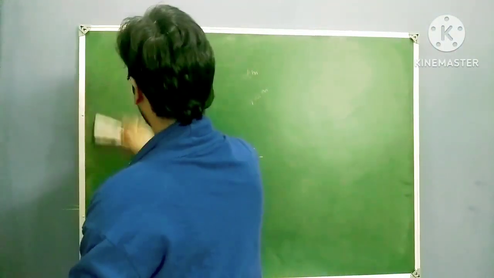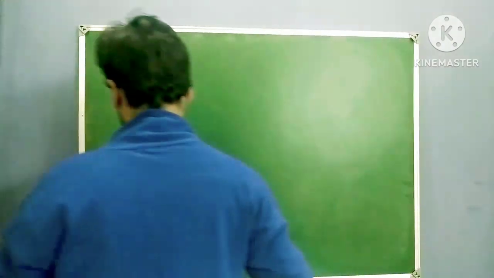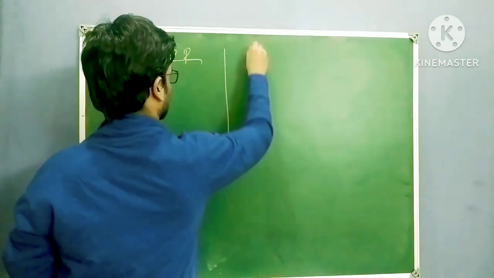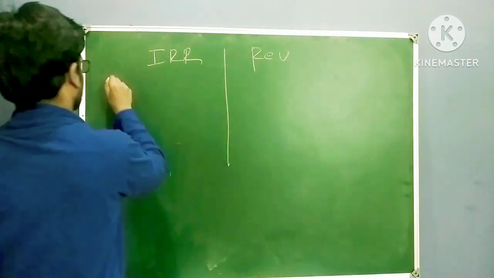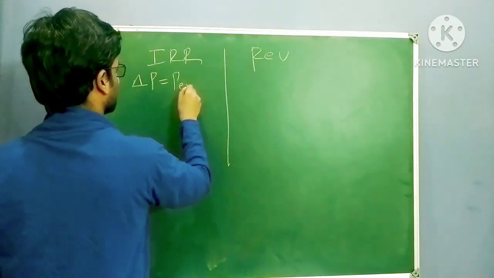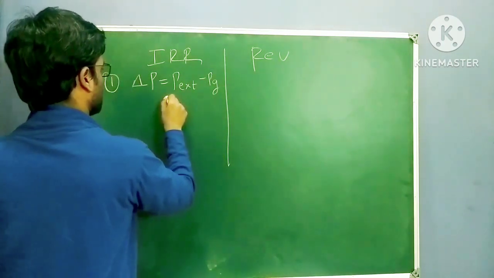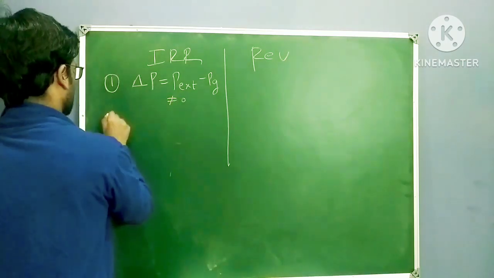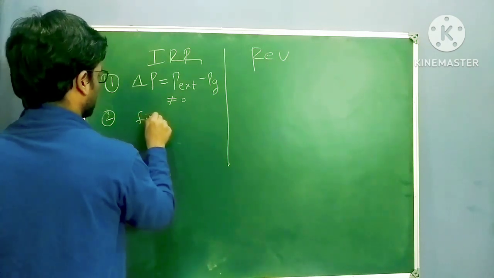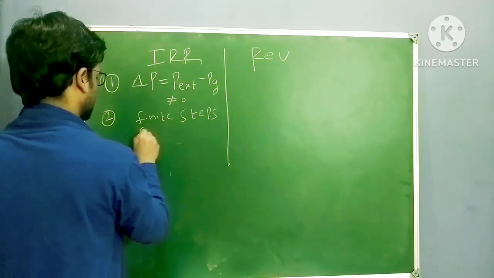Now I'm writing the very important points. Just remember here. First of all, irreversible process, and here reversible process. The first point, for irreversible: delta P equals external pressure minus pressure of the gas, delta P is not equal to 0. Second point, it will take finite steps, or a single step, and finite time.